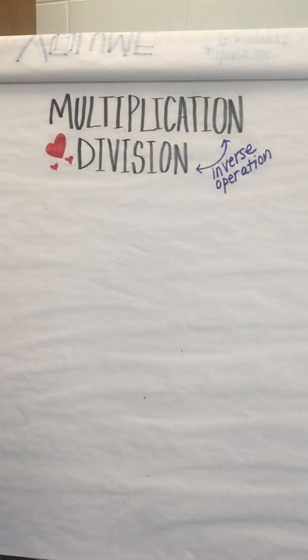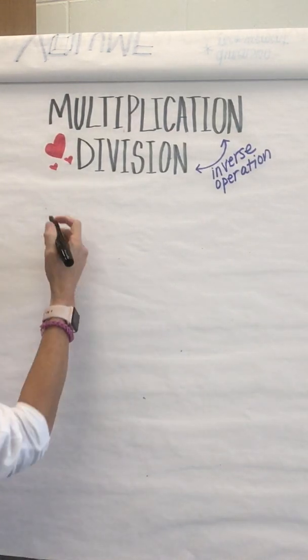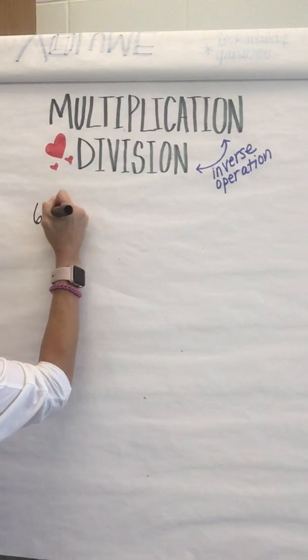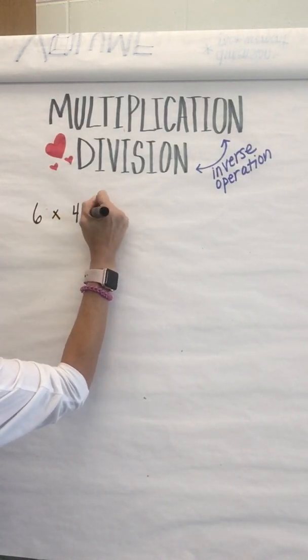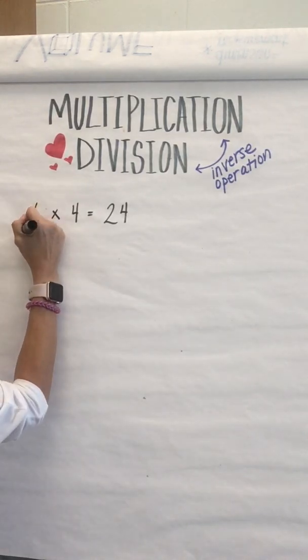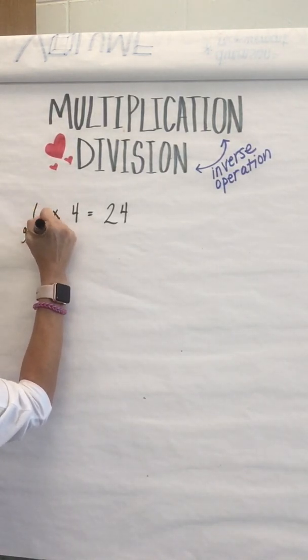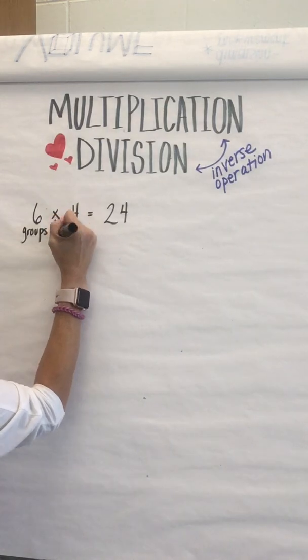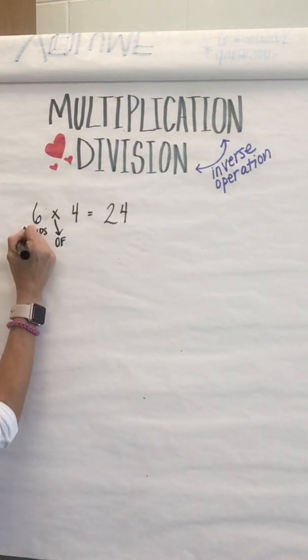But let's go ahead and look at an easy example of multiplication. We'll do 6 times 4 equals 24. We've been talking about how this is 6 groups of what?